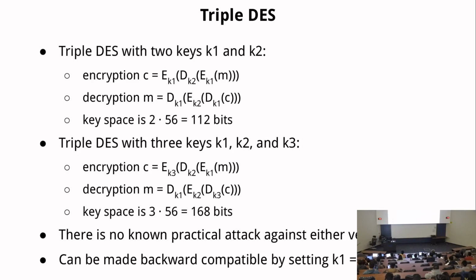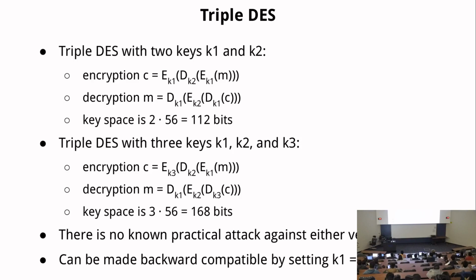We use the first key to encrypt the message, use the second key to decrypt the message again, then we use the first key to encrypt it again. That's how we do the real encryption. The decryption is just the reversed operation.